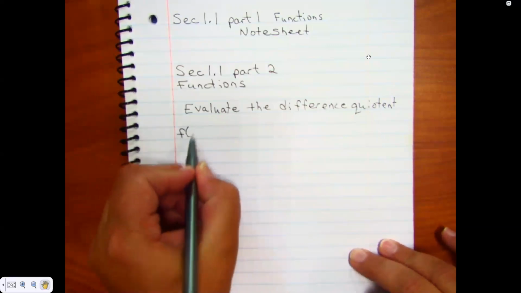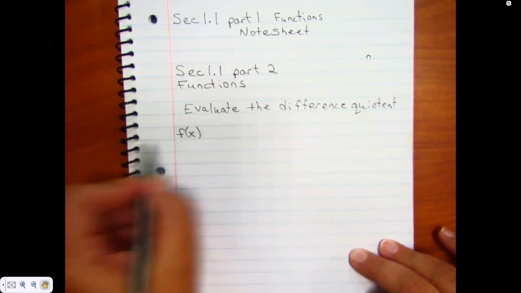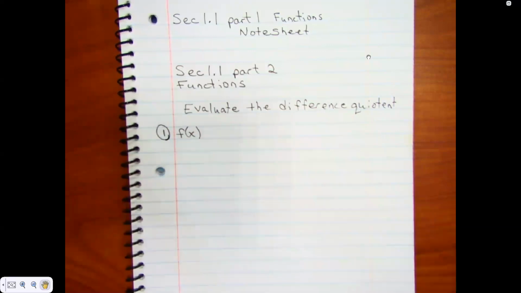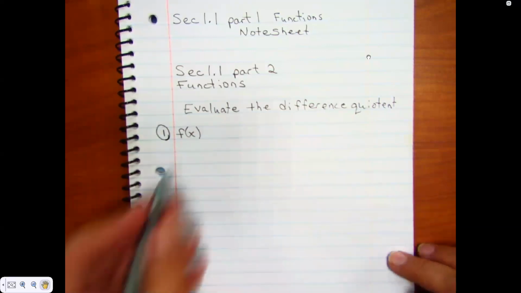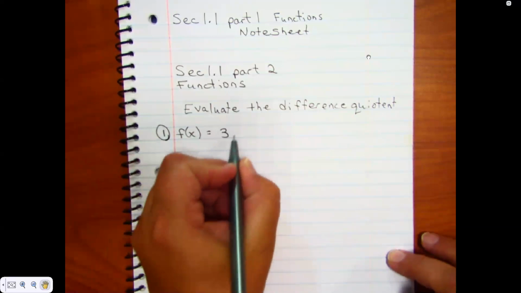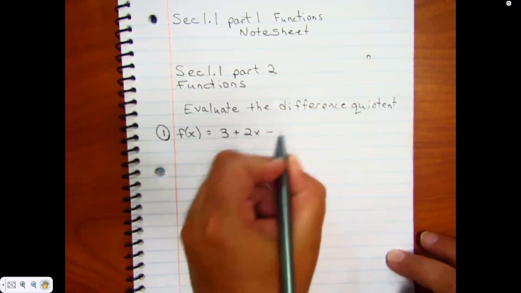They're going to tell us f of x. So those are the directions. This is kind of like example 1. f of x is 3 plus 2x minus x squared.